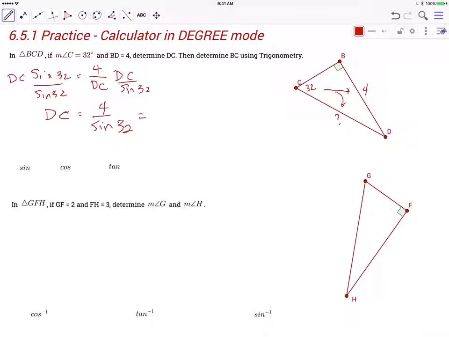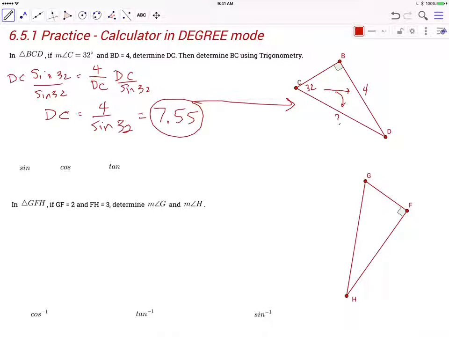Okay, and what we do is we take that right into the calculator and punch in 4 divided by sine of 32, and you should end up with about 7.55. Okay, and that's the answer you should get for DC.